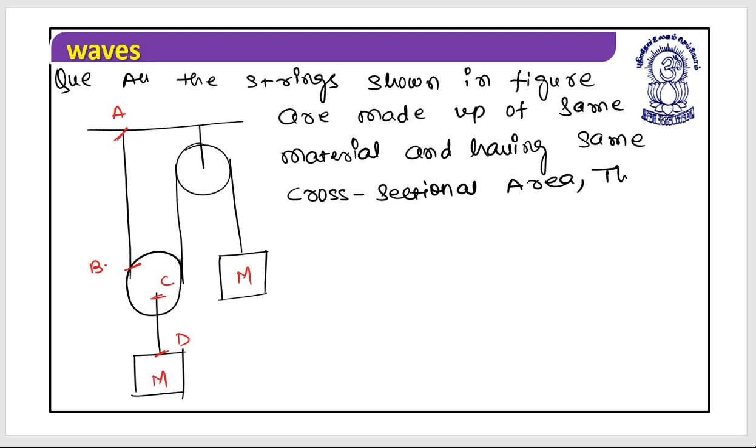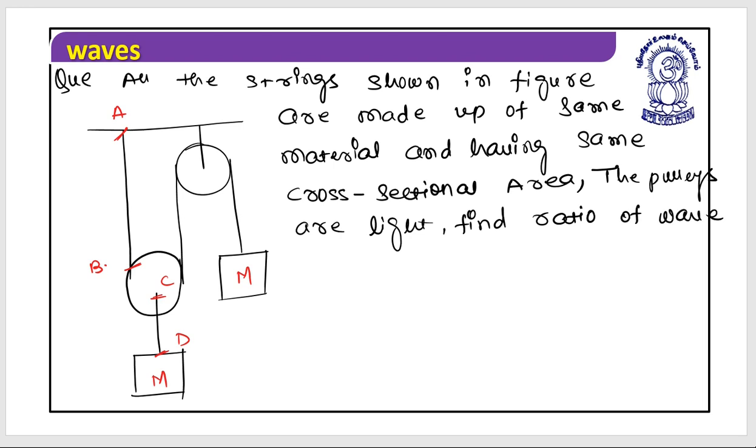The pulleys are light. Find ratio of wave velocities in string AB to CD. How will we do this? Go through the data once and let me know what could be done.